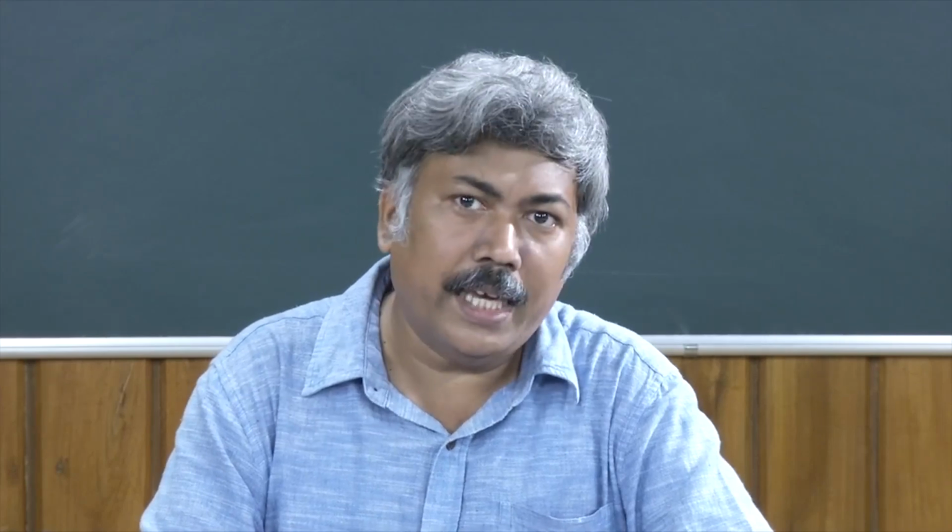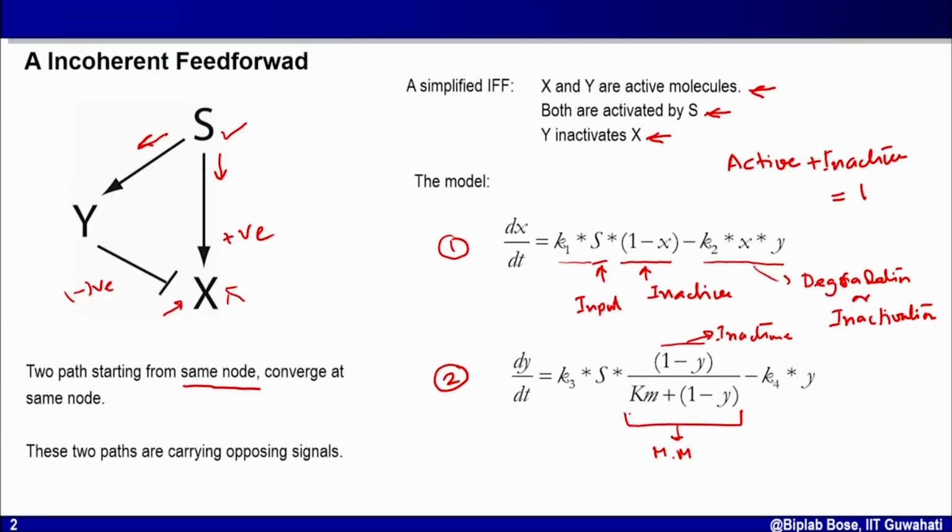In this case, I have considered an explicit Michaelis-Menten formulation because I want to explain the importance of Km, the Michaelis-Menten constant, here. Otherwise, I could have simply considered, just like in dx/dt where I have s into 1 minus x, s into 1 minus y or something like that.